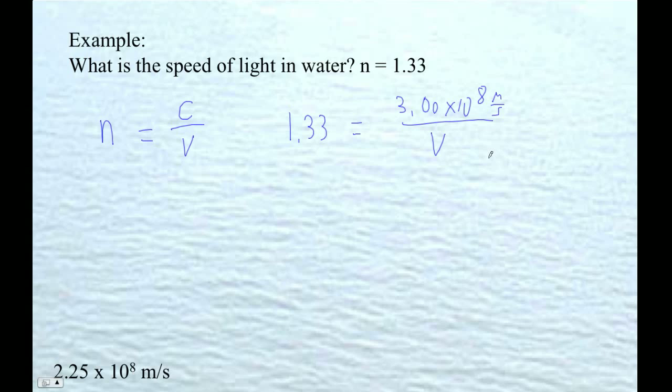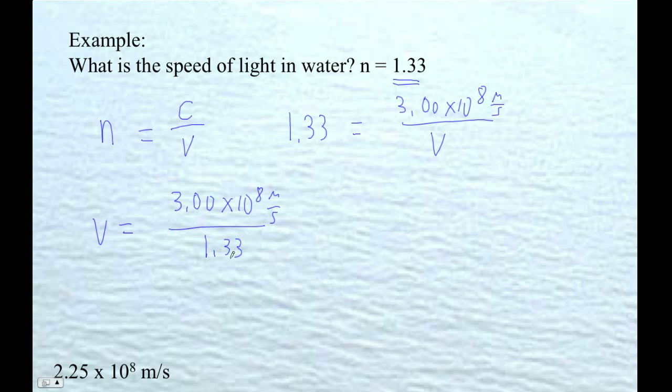So all I'm going to do here basically is take the speed of light divided by 1.33. And I knew that before I even used the formula, because it has to be less than the speed of light. It's got to be less by that factor. That's what it does, right? So 3.00 times 10 to the 8th meters per second divided by 1.33.